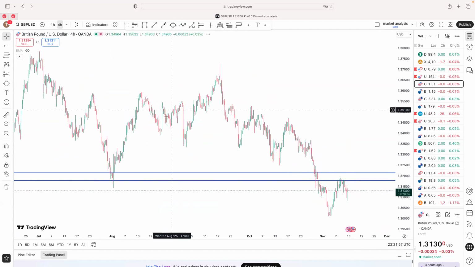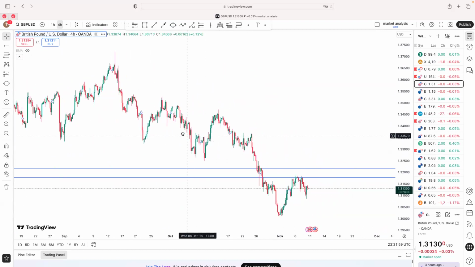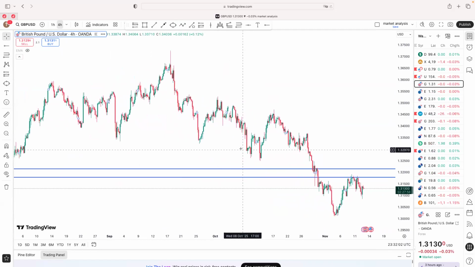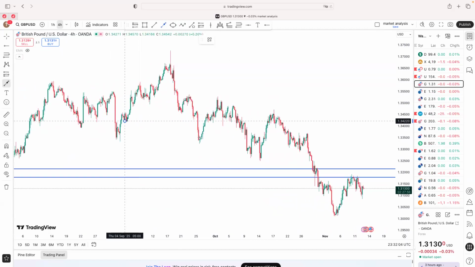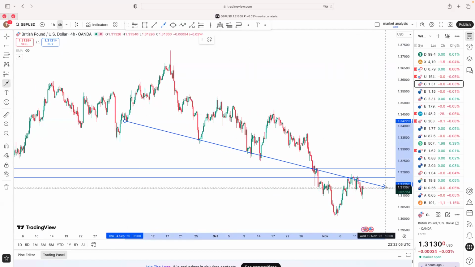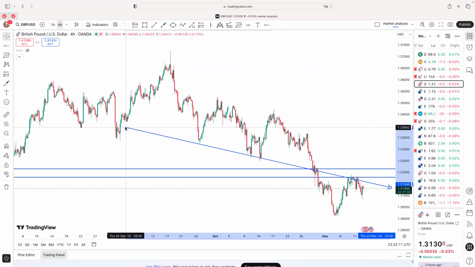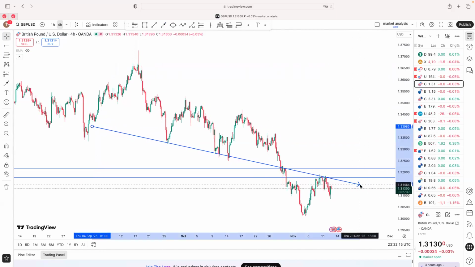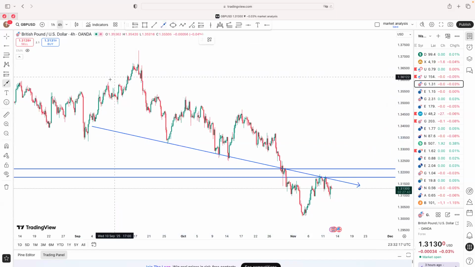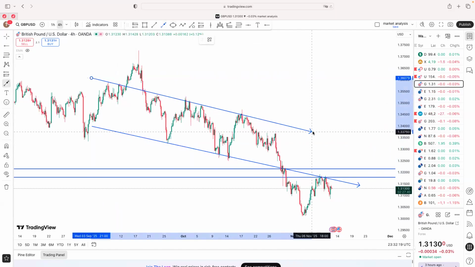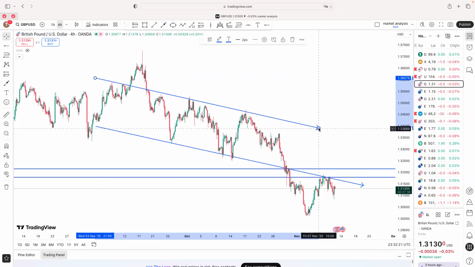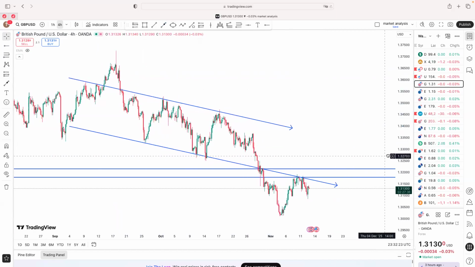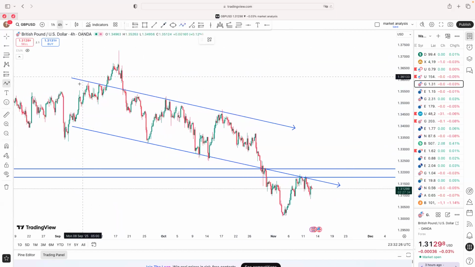I want to try and do this for you first so that you can still see what I was talking about. So this was the area that we were talking about, where I said the market was trading on this particular area.